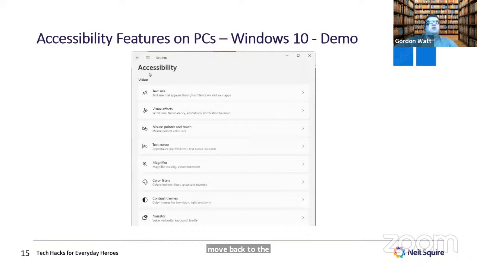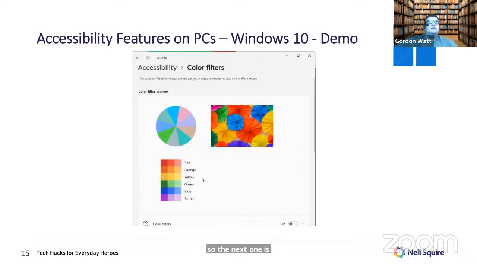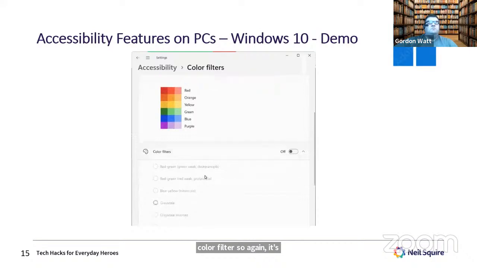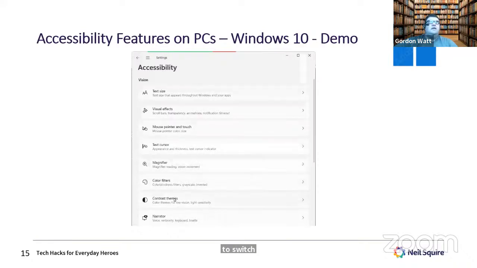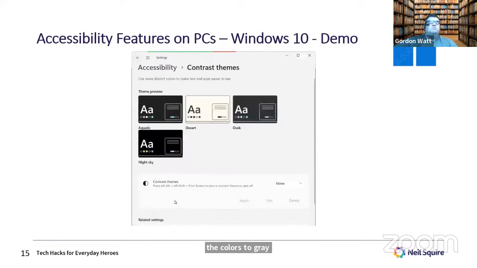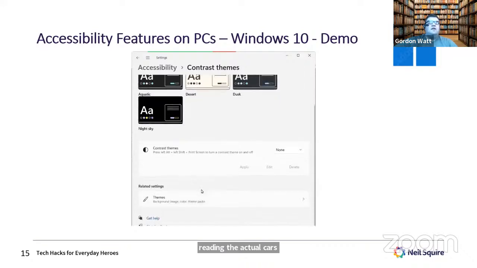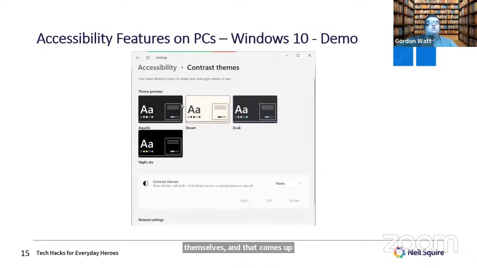So the next one is color filters. Again, it's another vision related setting, and when the option is turned on, it allows the person to switch the colors to grayscale if they have difficulty reading the actual colors themselves. An enhancement of that is the contrast as well.